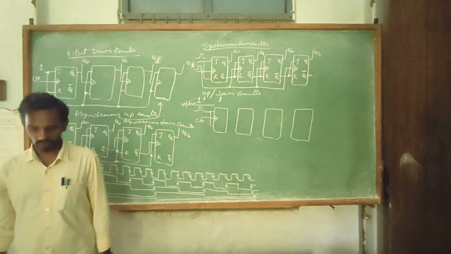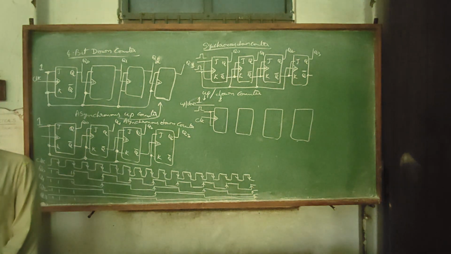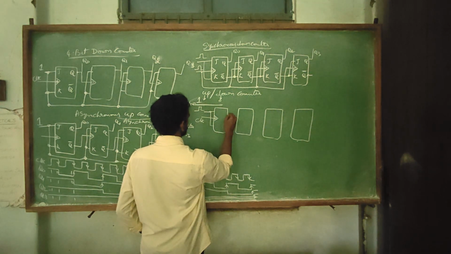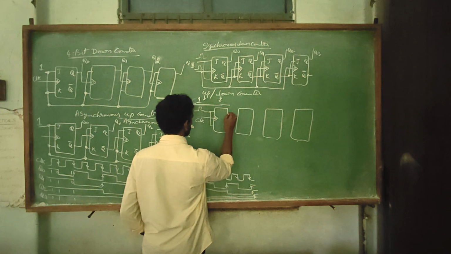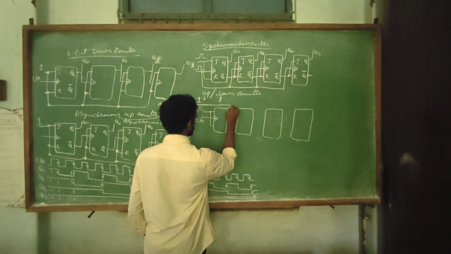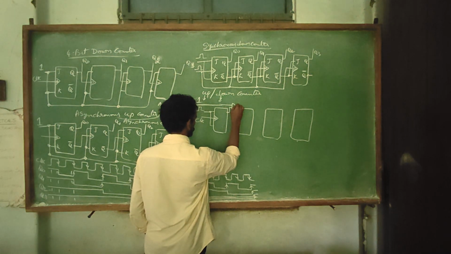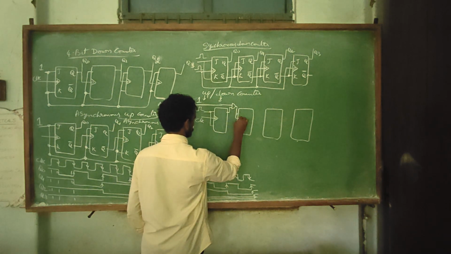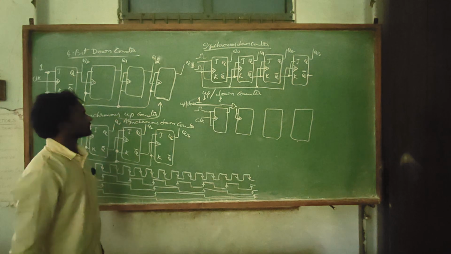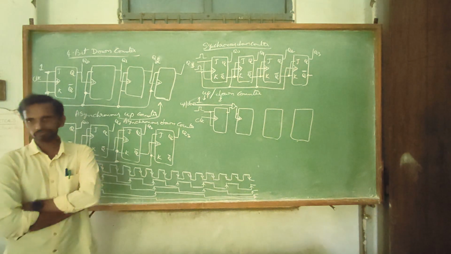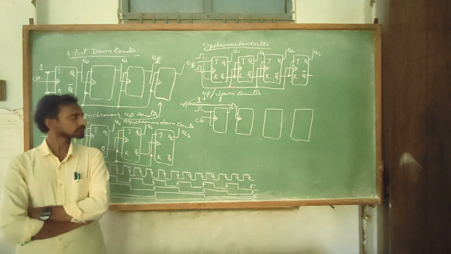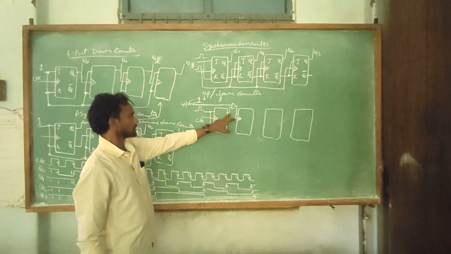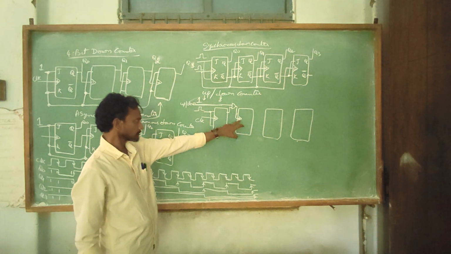If the choice is up, I have to trigger Q. So when up is 1 and the previous state output is 1, it will trigger the next level.